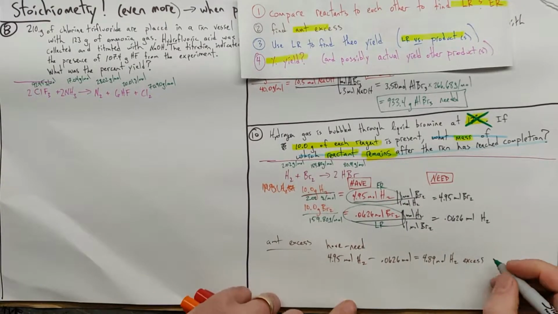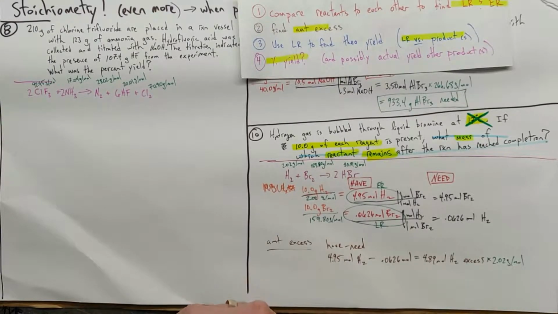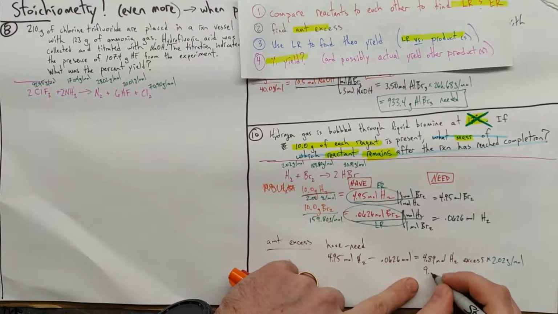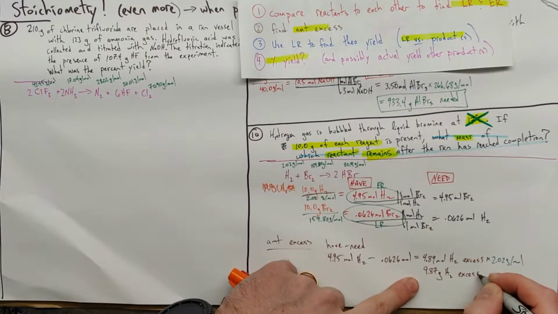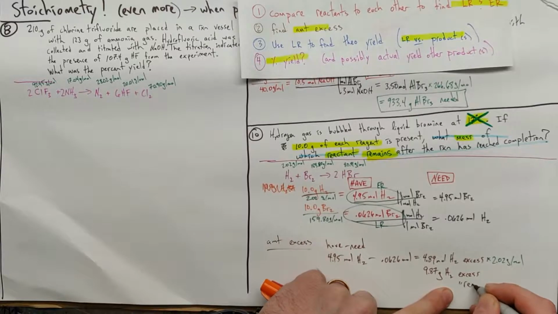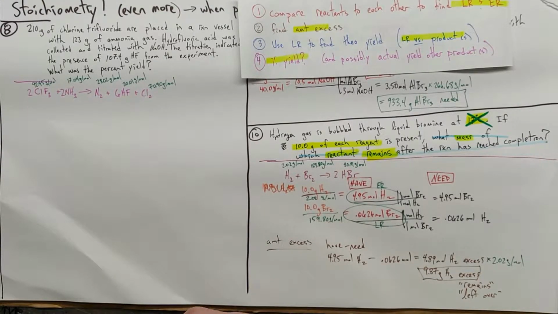We're going to multiply by 2.02 grams per mole, and we'll end up with 9.87 grams of extra hydrogen. Right, and that excess means remains, or left over. And that is our answer right there.